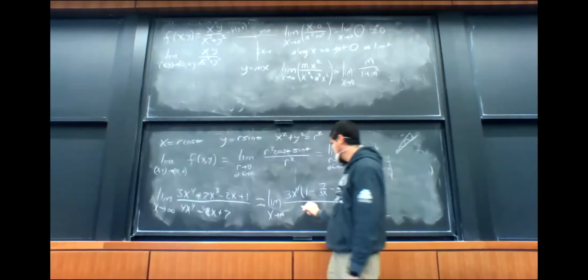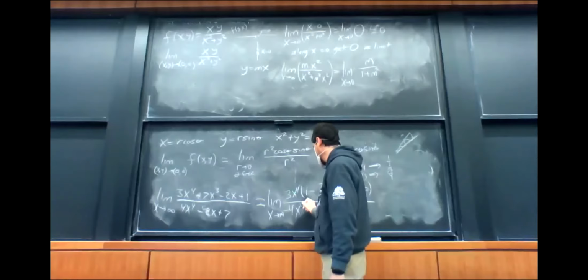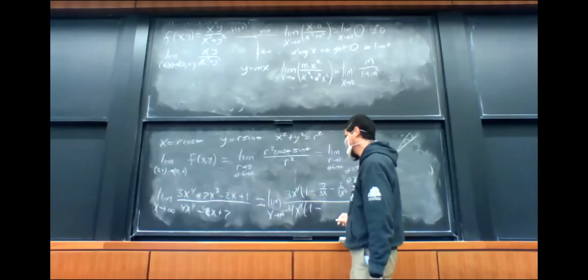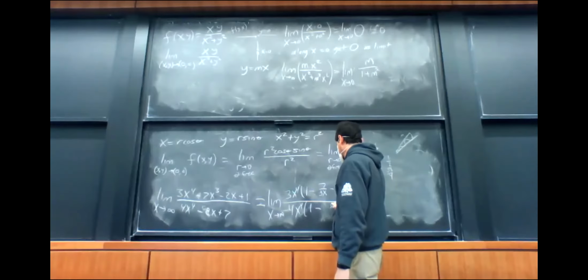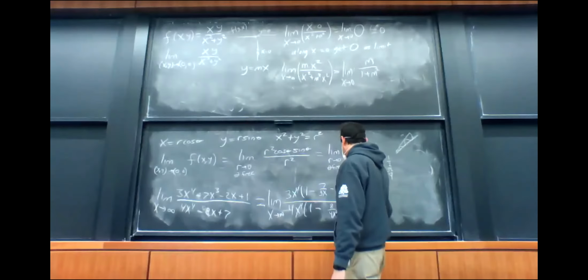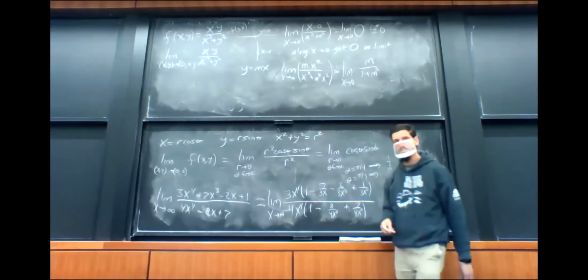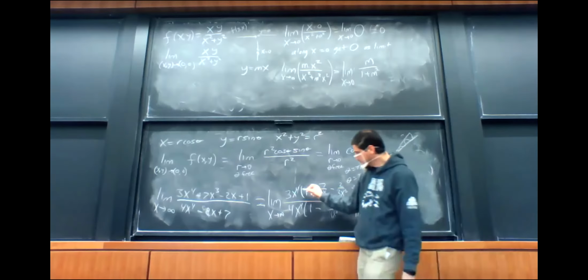And for the denominator, I pull out a 4x to the 4th, I'll get 1 minus 8 over 4x cubed plus 1 over 4x to the 4th. And now I can cancel the x to the 4th.